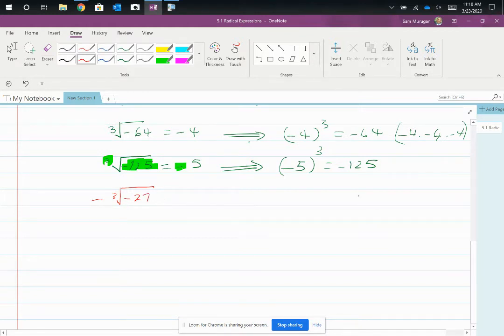Now we know that the third root of negative 27 is equal to negative 3, since negative 3 to the third power is equal to negative 27. So this is equal to the negative of negative 3, which is equal to positive 3.